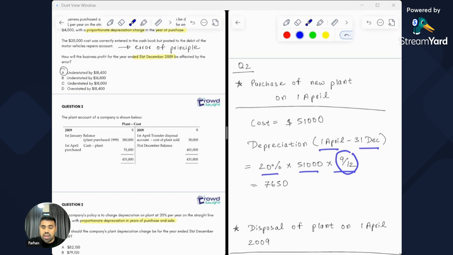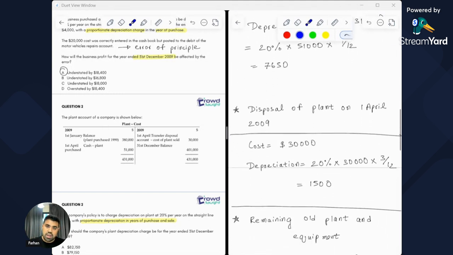Because as we understand, from 1st of April, the day the plant was purchased, all the way until 31st of December 2009, we have got 9 months in total, right? So we've got April, May, June, July, August, September, October, November, and December. So we've got 9 months in total. So therefore, 9 out of 12 is the proportionate charge here. So altogether, the depreciation for this new plant is $7,650.